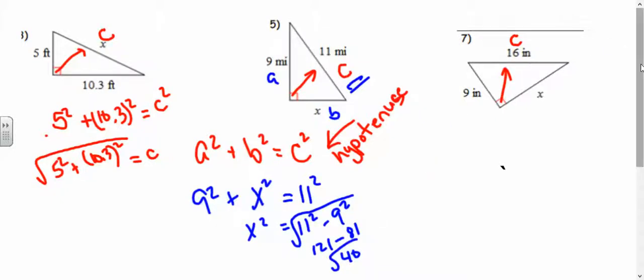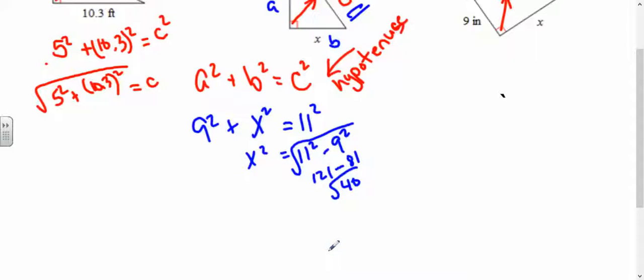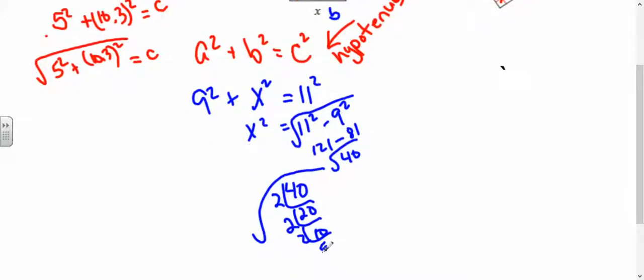And a lot of times you'll see it say, show it in the exact form. The exact form means don't punch it in a calculator. It means simplify the square root of 40. So we'll do upside down division. 2 goes into 20, 2 goes into 10, 2 goes into 5.